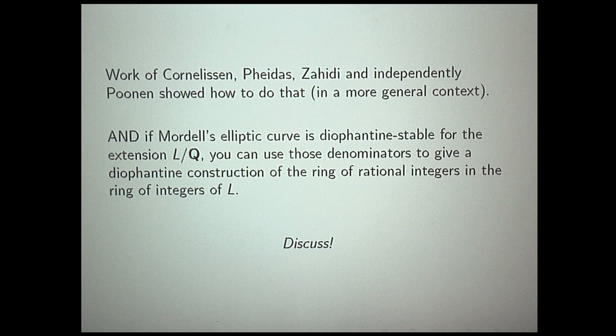Moreover, if, say, Mordell's elliptic curve is Diophantine stable for some extension L over Q, you can use those very same denominators to give a Diophantine construction of the ring of rational integers and the ring of integers of L. And therefore, you can convey the undecidability of the ring of integers to undecidability for L. So this is now an interesting industry.